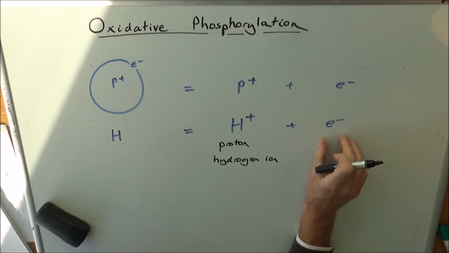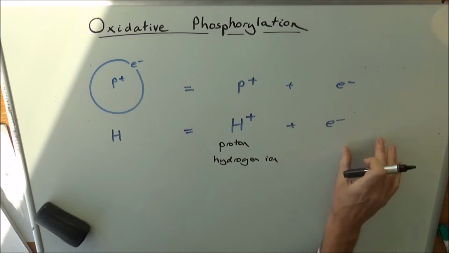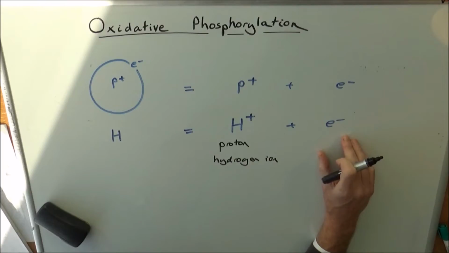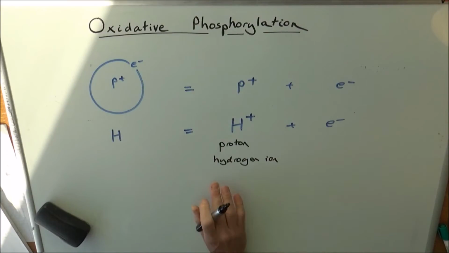So these electrons that get taken off the hydrogen are always being given to something, so they'll be given to an electron carrier. That might be a metal center in an enzyme, for example. Again, don't worry too much about that, but it will all be clear to you later.